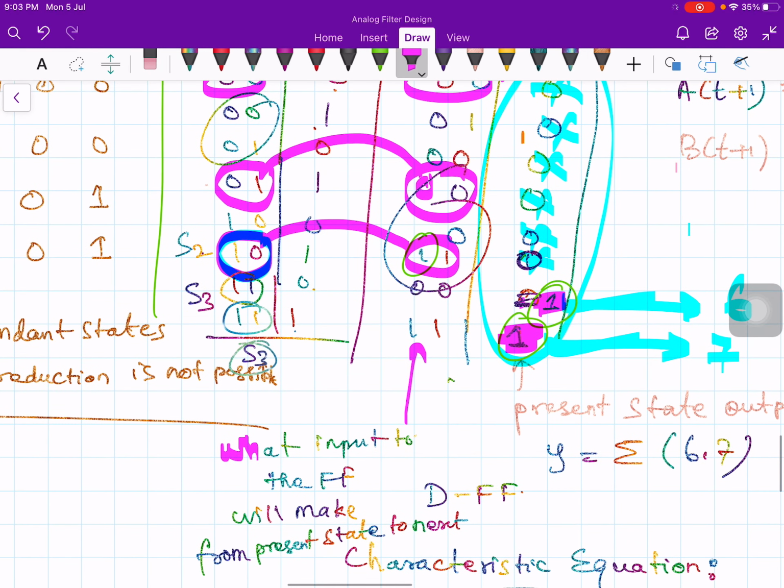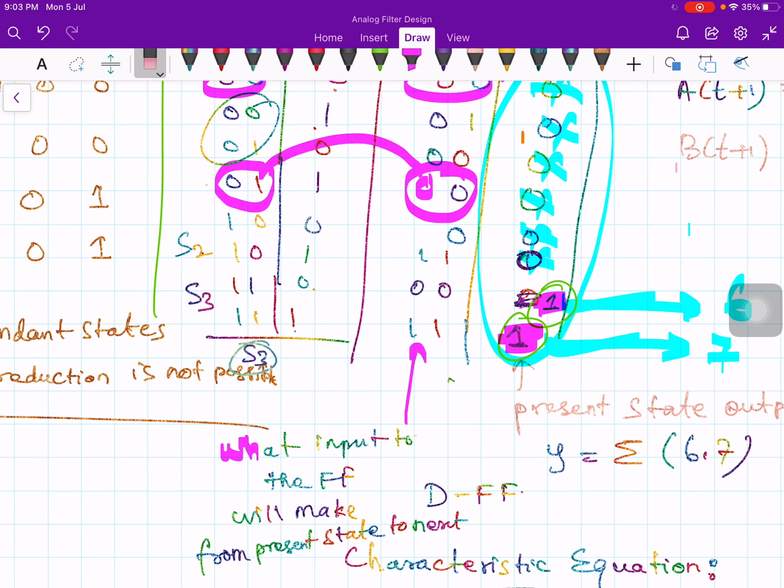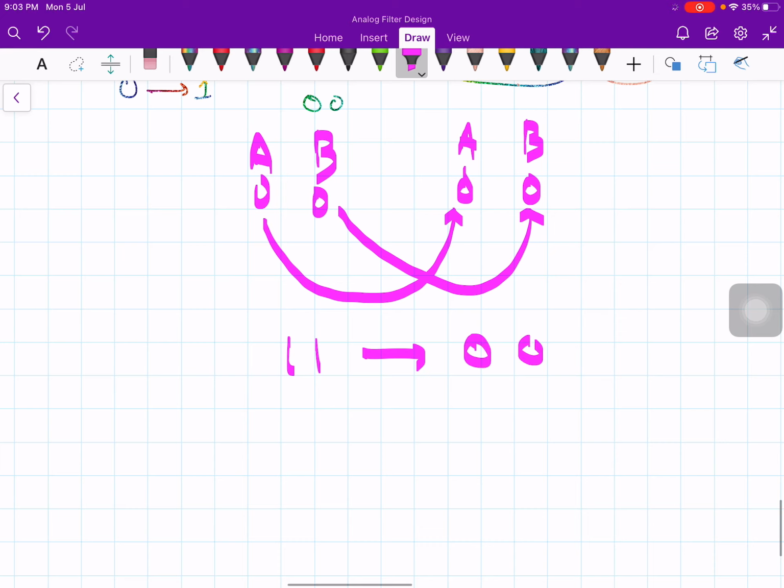Similarly, if you look at the last but one row, you have 1 1 and you move to 0 0. So your flip-flop moves from 1 1 to 0 0. What input should I give to move from 1 to 0 and from 1 to 0? Those inputs you put in tabular form, and that table is called the excitation table.